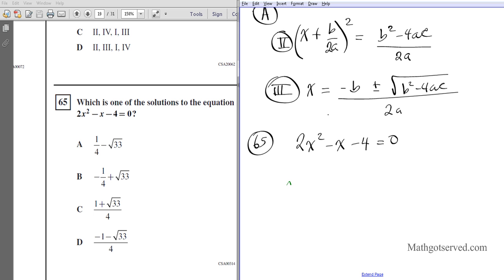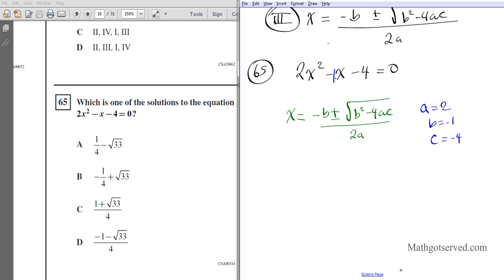So you need to know your quadratic formula. x equals negative b plus or minus the square root of b squared minus 4ac, the whole thing divided by 2a. If you forget, you can always learn the song, and that can help you remember. So a is 2, b is negative 1. Remember, if there isn't any number, you put a 1. And then c is negative 4.